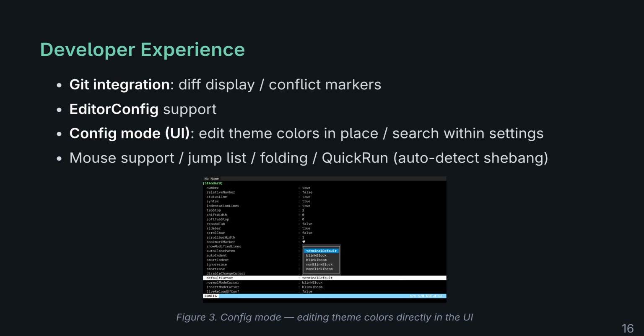Plus mouse support, jump list, code folding, and quick run, which auto-detects the shebang and just runs the file. None of these are headline features on their own, but together the polish for daily use has gone up a lot.